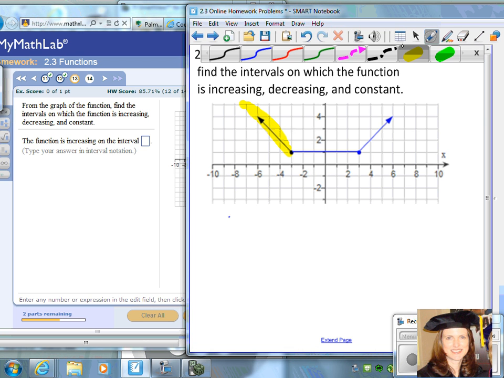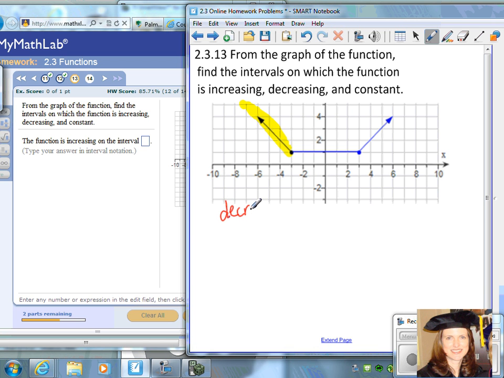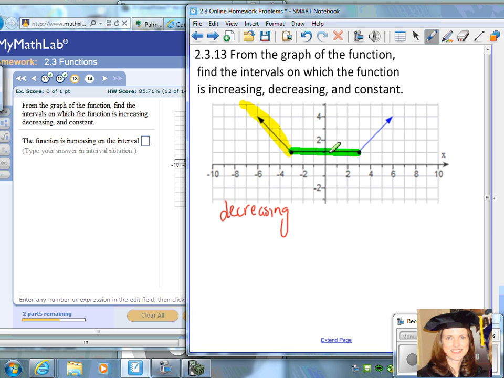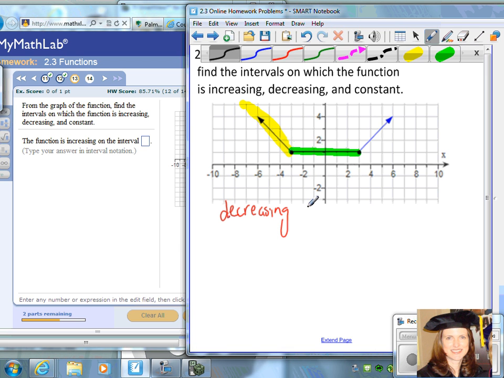We would call this part of the graph decreasing. And then we have the part in the middle here, where if you go from left to right, your pen isn't going up or going down. It's remaining constant. So that portion of the graph is constant.